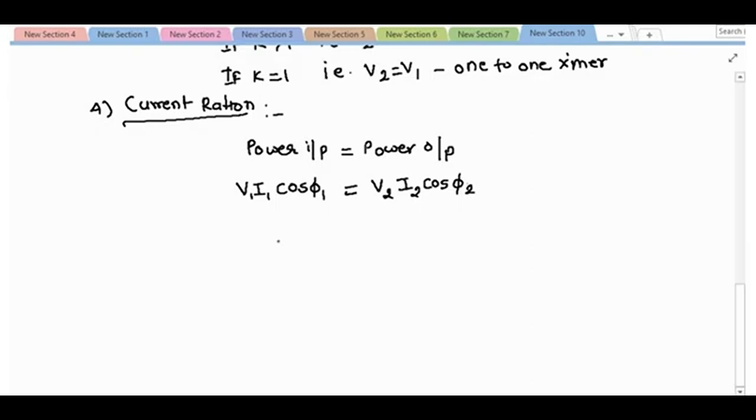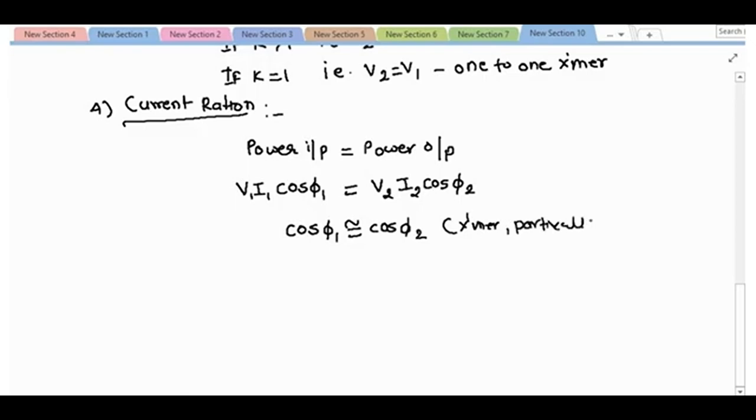In this expression, I1 and I2 are the currents in the primary and secondary circuit respectively, and cos phi 1 and cos phi 2 are the corresponding power factors. But for a transformer, primary and secondary power factors are almost nearly equal, so cos phi 1 is approximately equal to cos phi 2, particularly at full load.